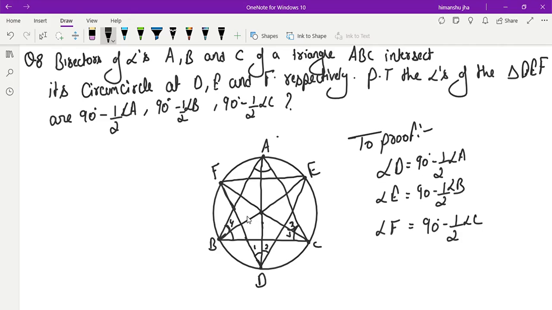Since this is equal to 4, no need to mark this one. Correct? Since you don't know the incenter theory, we are not going to use any application of incenter. We are going to solve it simply.